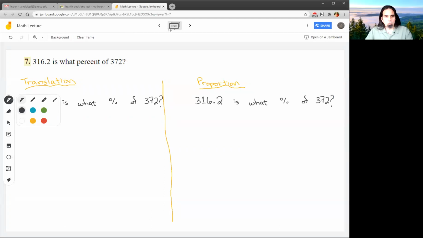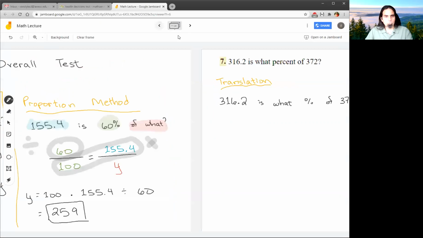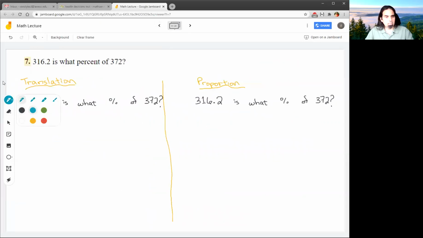Okay, so what colors did I use last time? I used blue arrows. So my number stays a number. Is becomes equals. Equals what percent? That's my unknown letter.